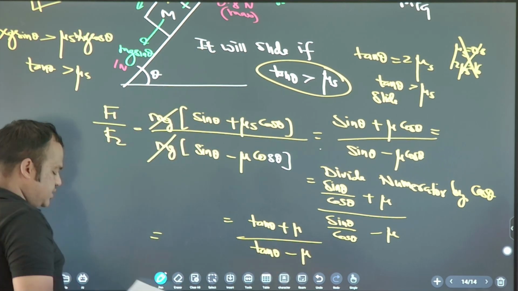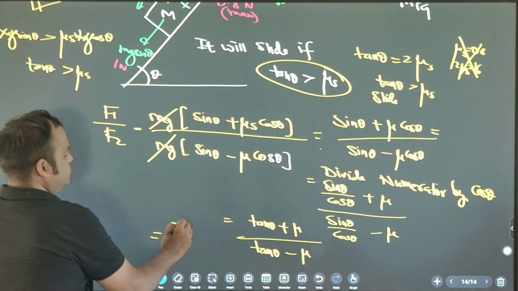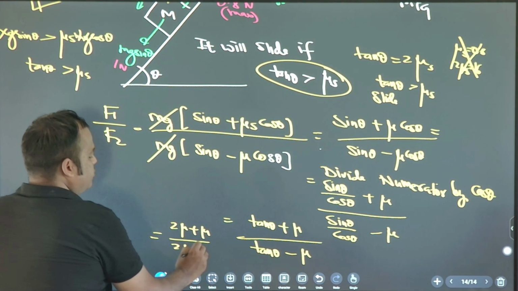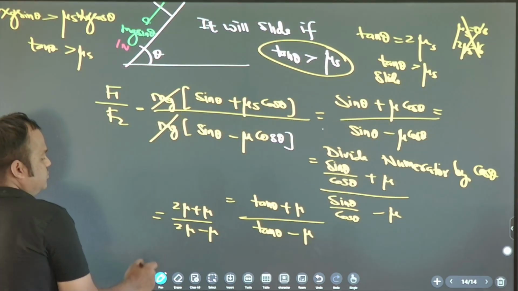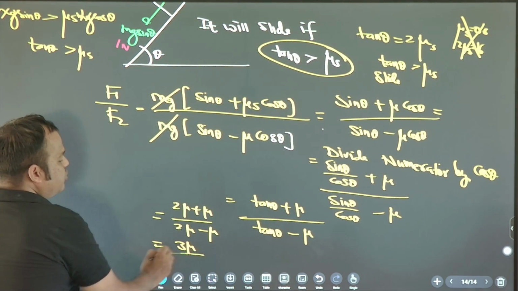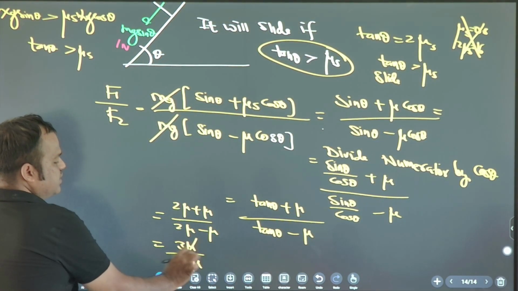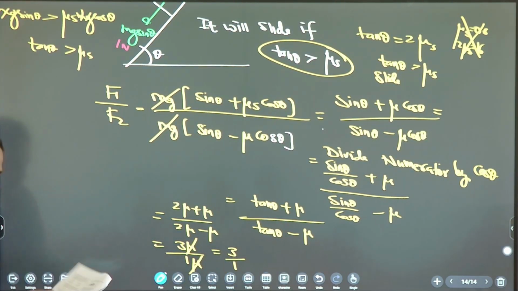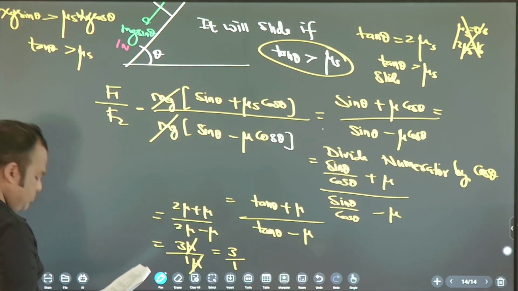And tan theta is given as 2 mu, so 2 mu plus mu divided by 2 mu minus mu. Understood? So 3 mu by 1 mu, mu cancels, 3 by 1, which is 3. Note down.